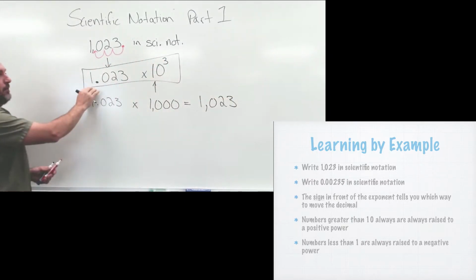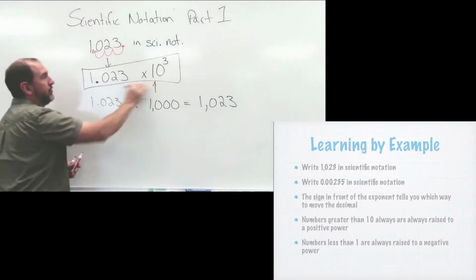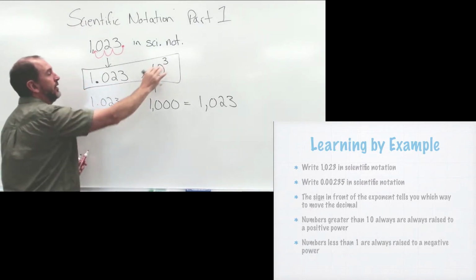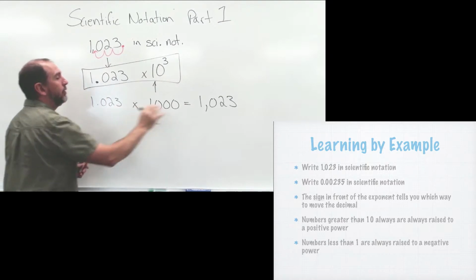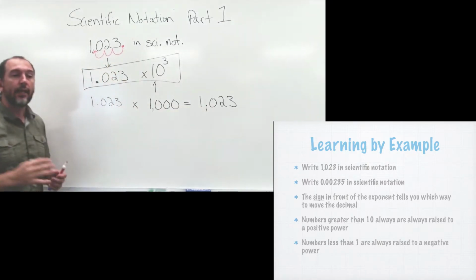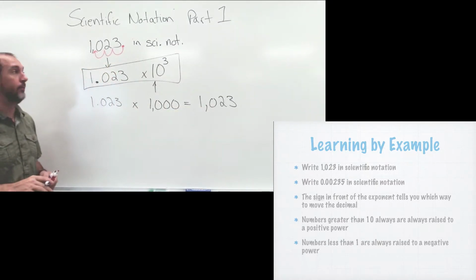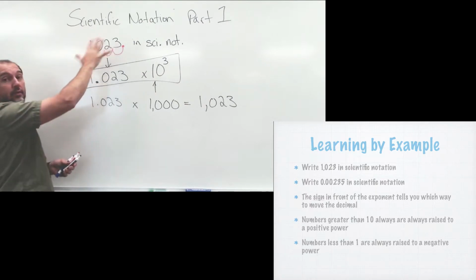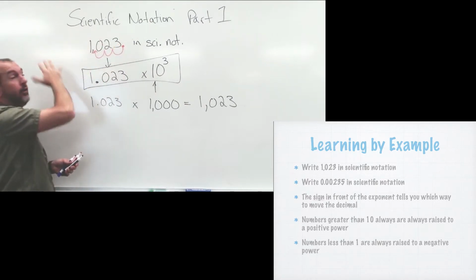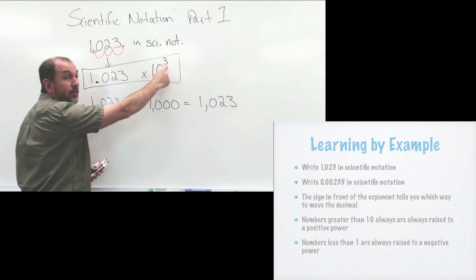Okay, so mathematically, we're just doing a mathematical operation here, 1.023 times 10 to the 3rd. That will equal 1023. And that's how we write scientific notation. Okay? Big numbers, numbers greater than 1, will always have a positive power here.